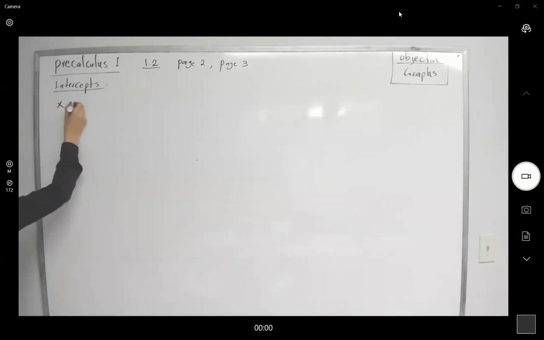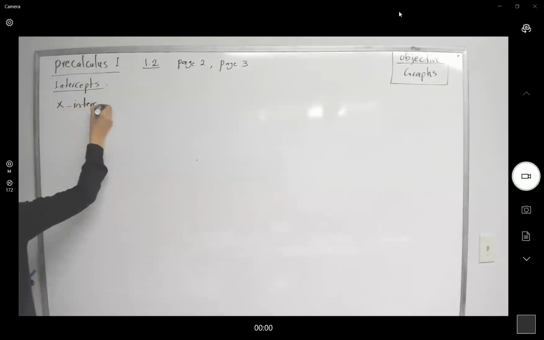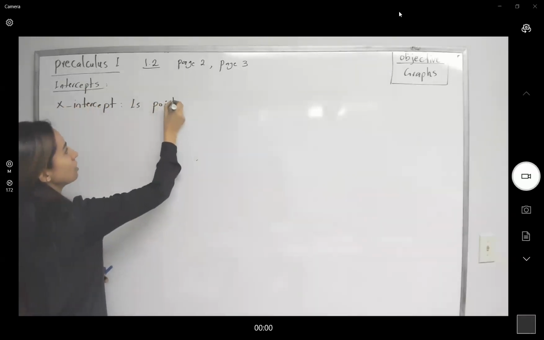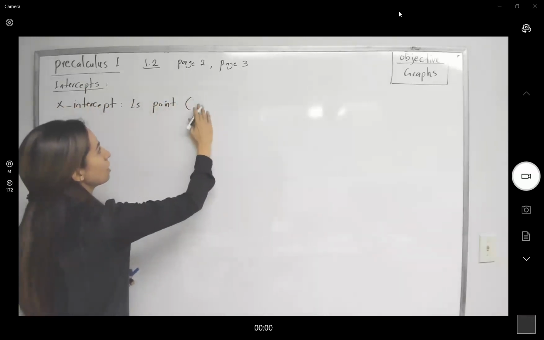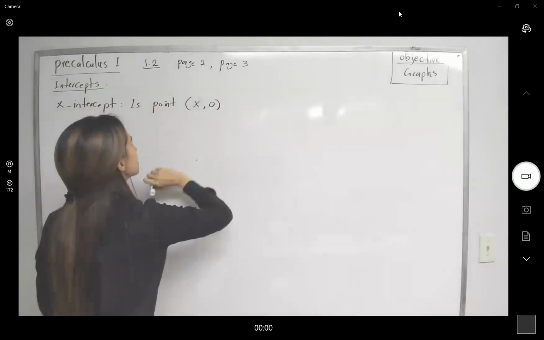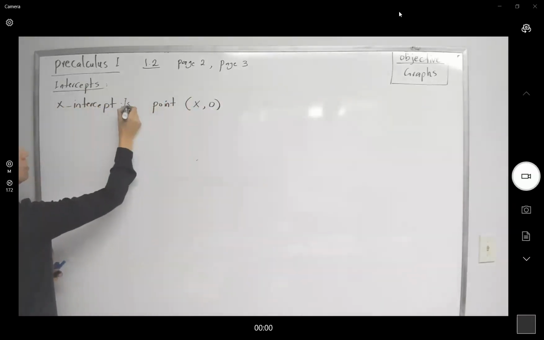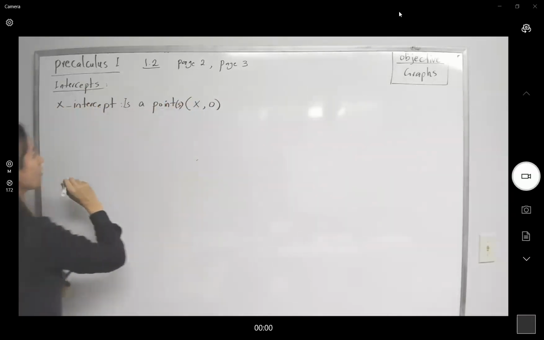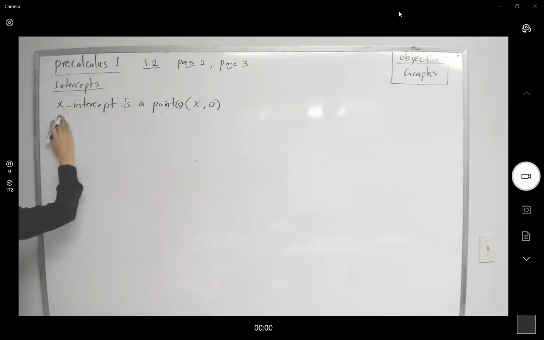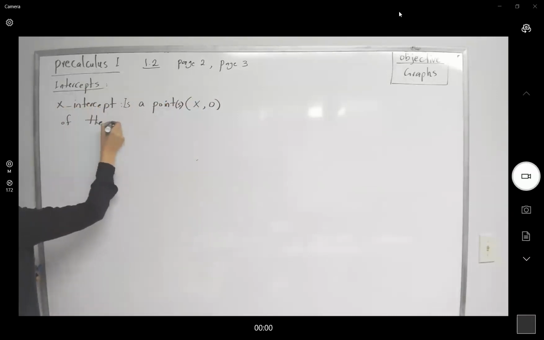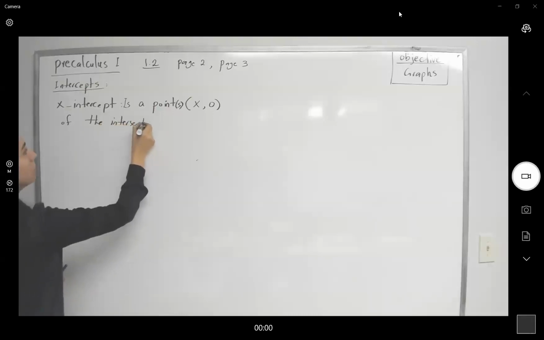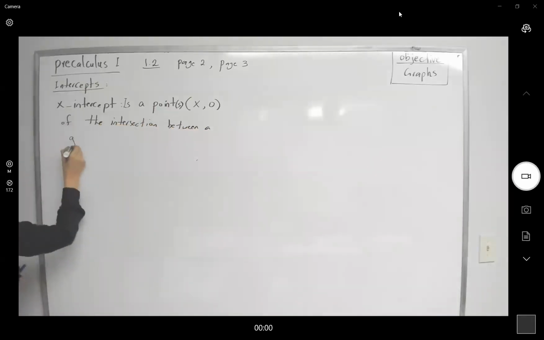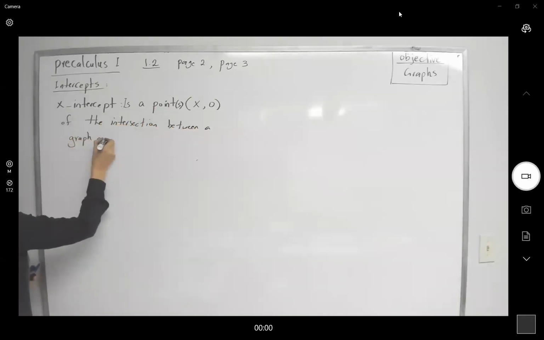So first of all, you have x-intercept. X-intercept is a point that has first coordinate x and second coordinate 0. It is a point or points of the intersection between a graph and x-axis.